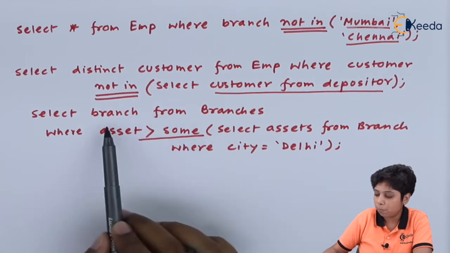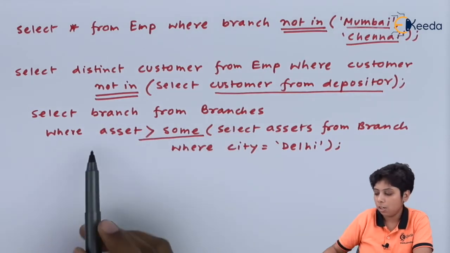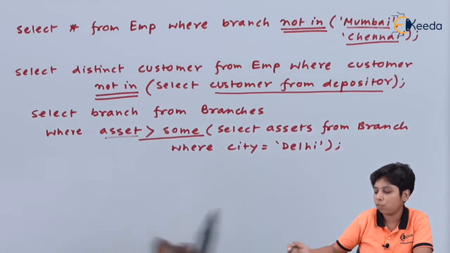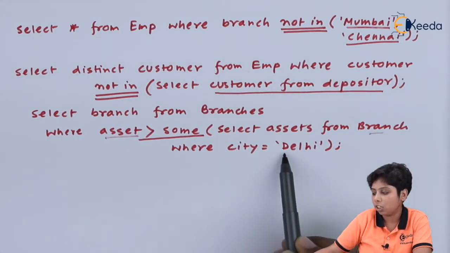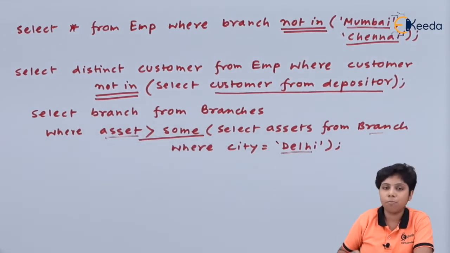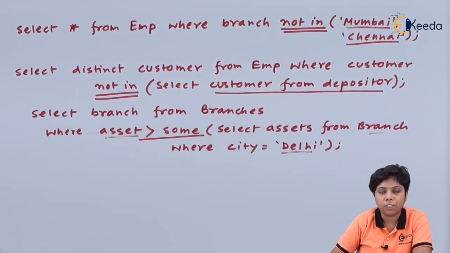So we are using the branch from the branches relation, where assets are greater than at least one of the assets of the branches where the city is Delhi. So we can say that this greater than some gives the at least one greater than operation. Just like this, we can use lesser than some, lesser than equals to some, greater than equals to some. So we can use the some operator.